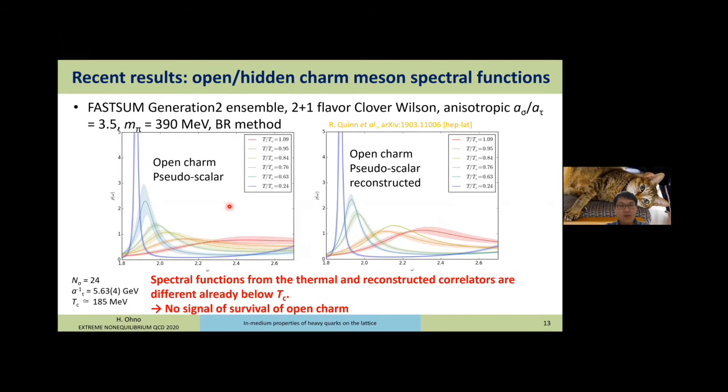But on the other hand, they also did the same analysis for the open charm system, basically for the open charm pseudoscalar channel here.